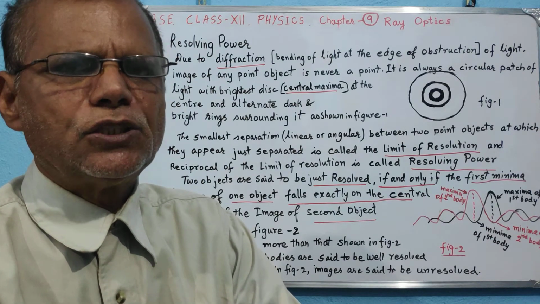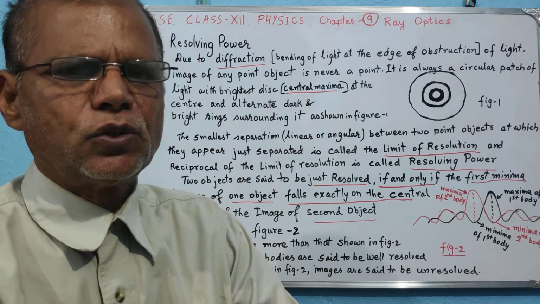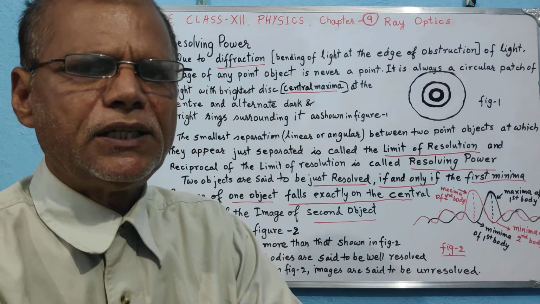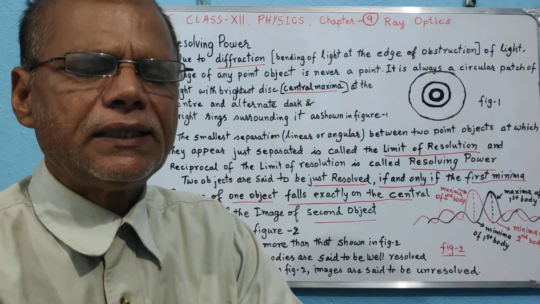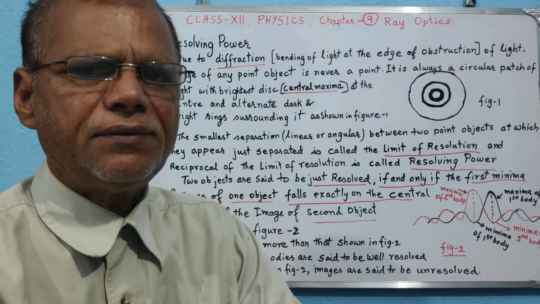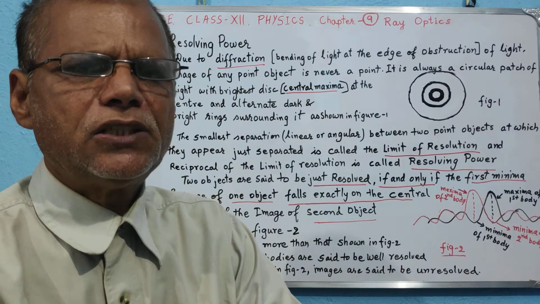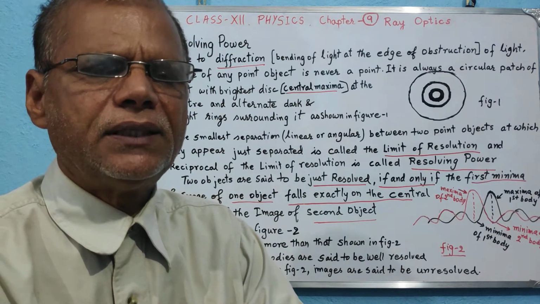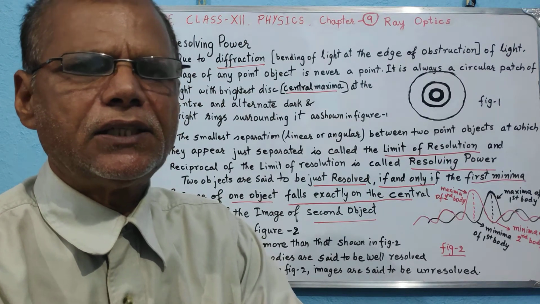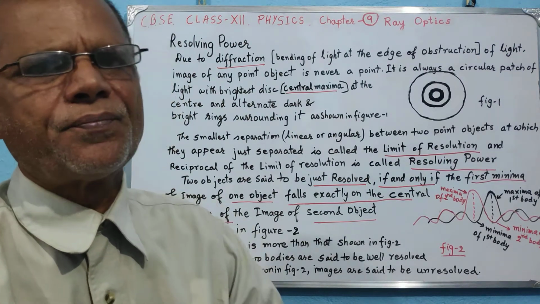This phenomenon is known as diffraction. This bending is prominent only when the thickness, the edge of the knife, is of the order of the wavelength of the light incident on it.